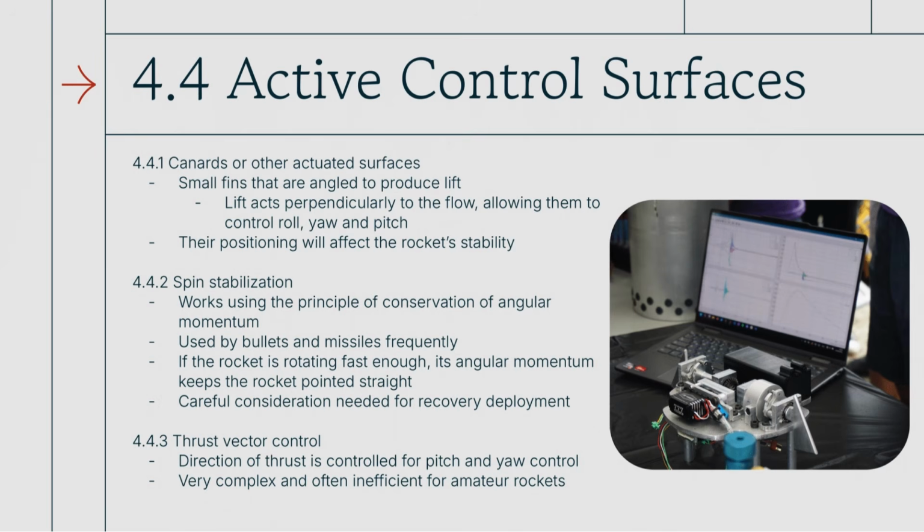And same with bullets, for example. Bullets are shaped so that they spin, and that's why they go in a straight line and don't go all over the place. Really cool method, but you have to give careful consideration to recovery deployment. Your rocket can't be spinning when you deploy your parachute, because then you tangle your parachutes, and you're going to fall ballistic.